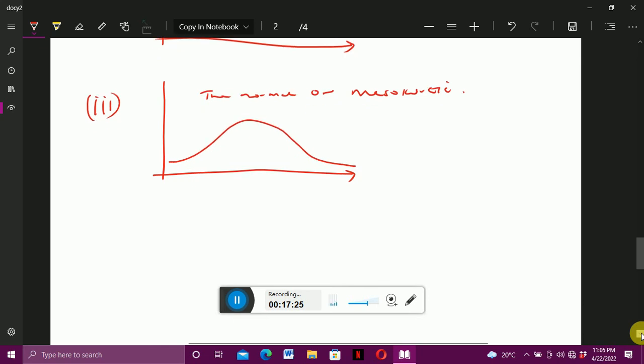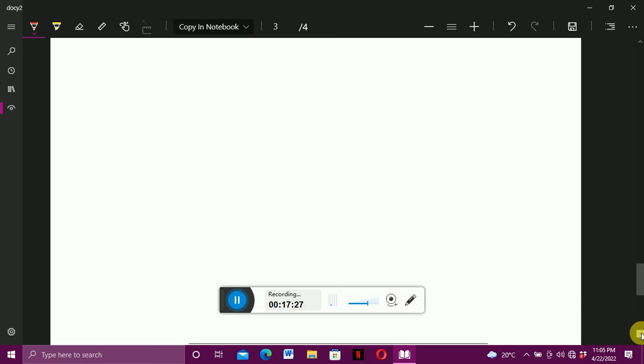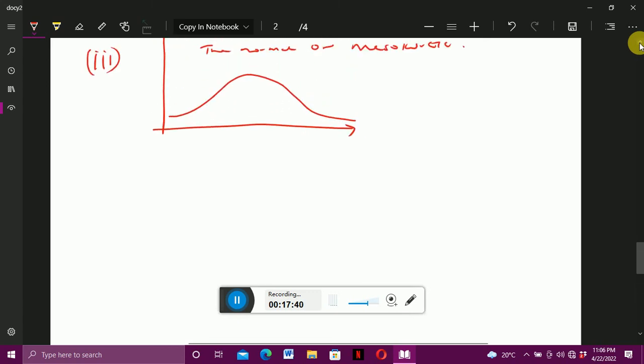Now we conclude by mentioning the measures of kurtosis. We have two of them that we are going to consider.